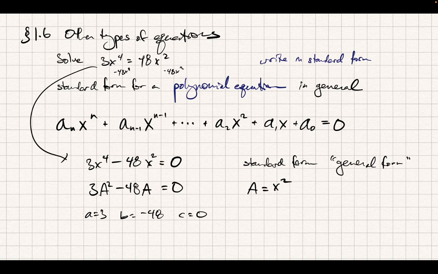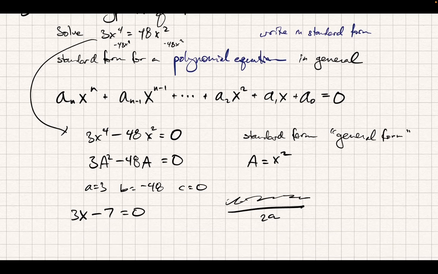What's the only time I can't use the quadratic formula? When it's not a quadratic, because a would be what? 0. So if I do 3x minus 7 equals 0, can I use the quadratic formula?